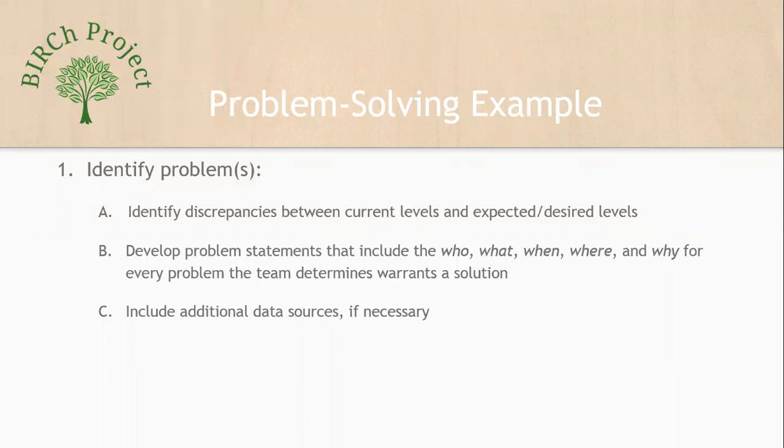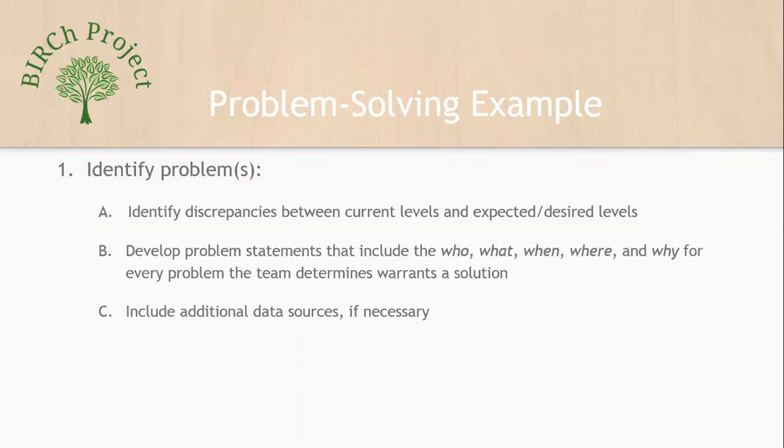So using our school level data to identify expected or desired levels and the risk cutoffs can help us quantify the discrepancy between how our students are actually doing and the way that we would expect them to function in terms of social, emotional, and behavioral functioning. After we have identified this discrepancy, we develop a problem statement that includes the who, the what, the when, the where, and to the extent possible, the why for every problem that the team determines warrants a solution.